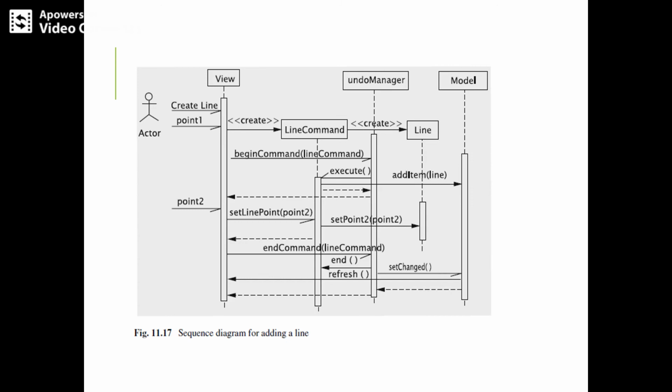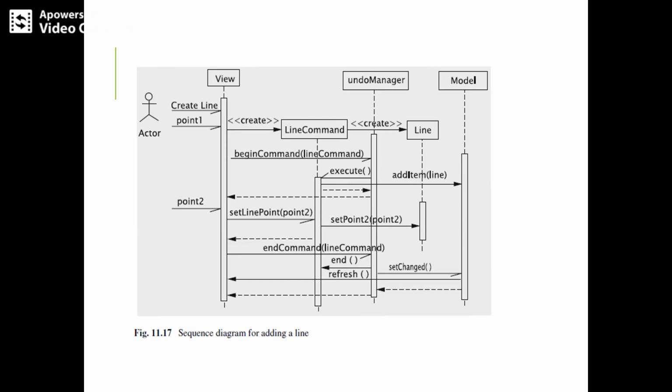The undo manager plays a role for the controller, because we had not taken a controller class here, but instead of a controller class we have taken the undo manager, which is a role for the controller classes.